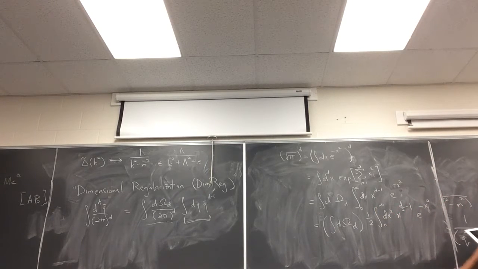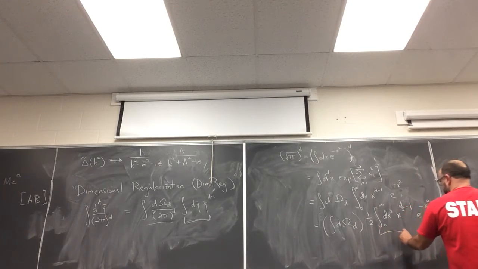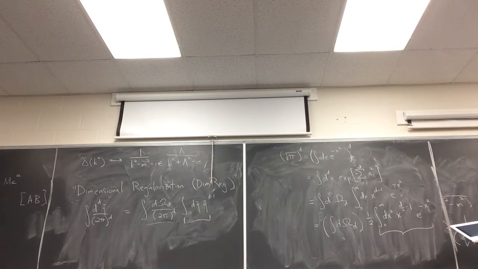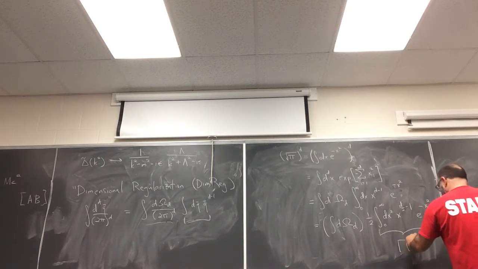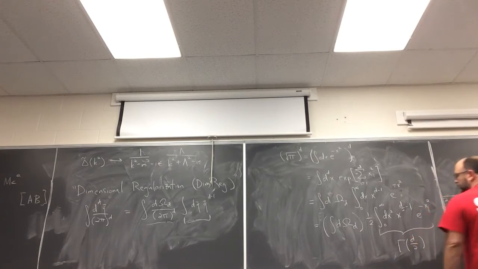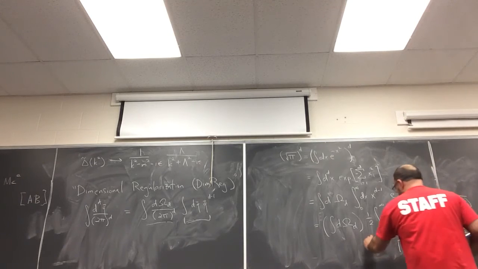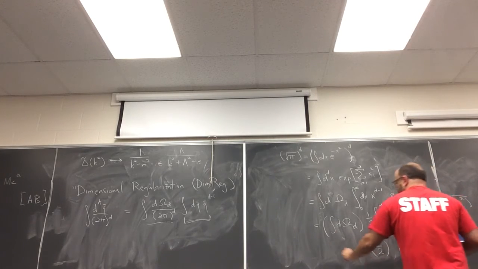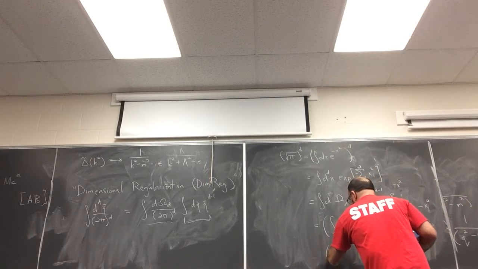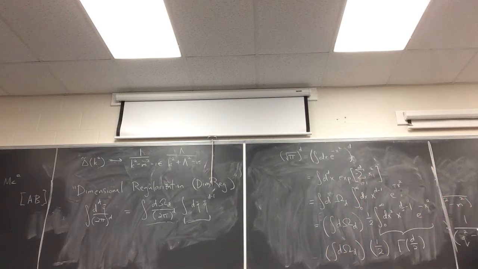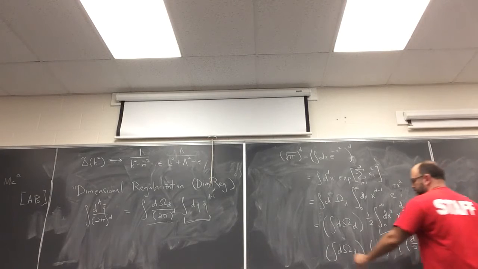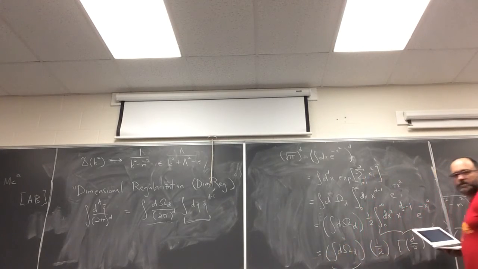And this thing here, anybody know what it is? It's what's called a gamma function: gamma of d over 2. And then I still have my factor of 1/2, and here I've got my integral over the angular part. The important thing is that these are constants now, and so now I can solve for the angular part of that integral.